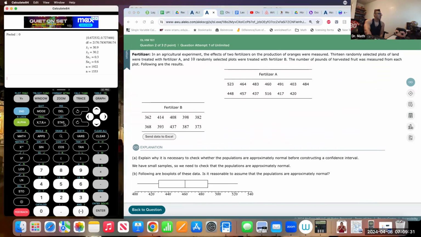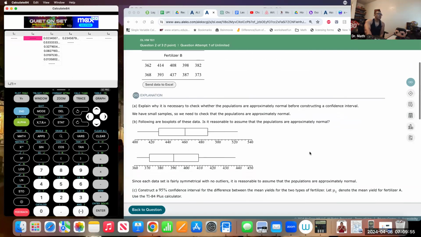So I'll go to stat, edit, and in L1 I'll enter all these numbers. And then I'll go over to L2. Notice I have some numbers here already, so I'll go to the top and hit clear, in case you forgot how to do that, and then enter. Then I'll plug in all these numbers one at a time into L2.